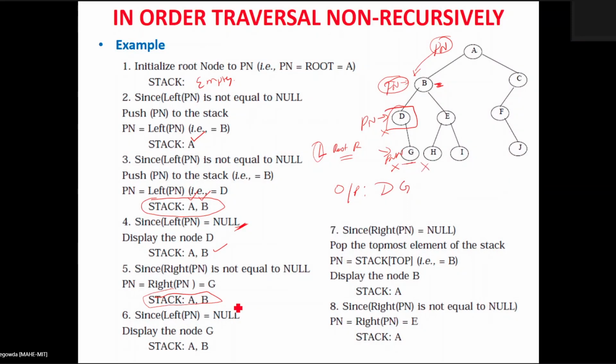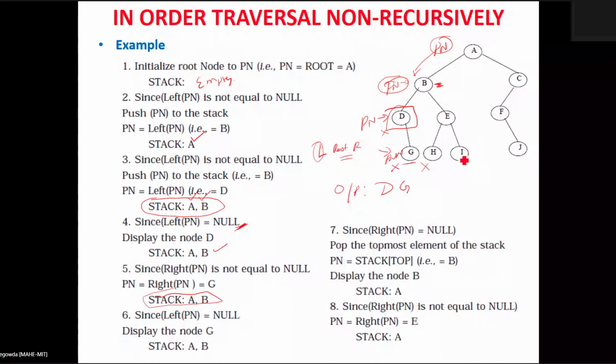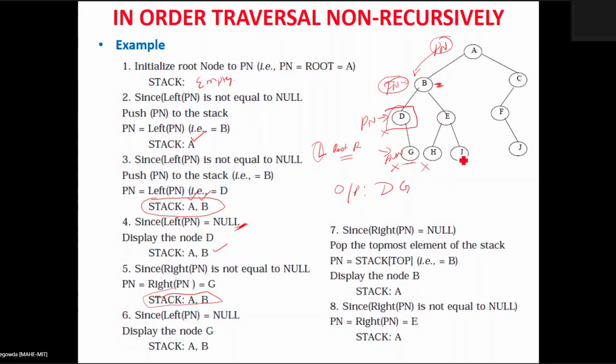When there is no right subtree for this, what you have to do is pop the top of the stack, and that should be loaded to the variable Pn here. When you pop the top of the stack, the address of B is stored back to the variable Pn. So now you are at the node B, so you have to display the B value, and B will be displayed.